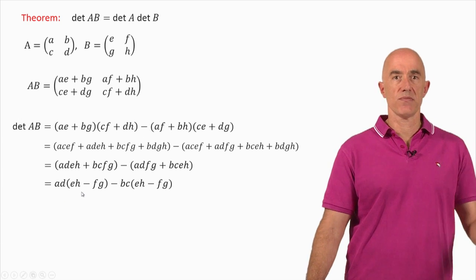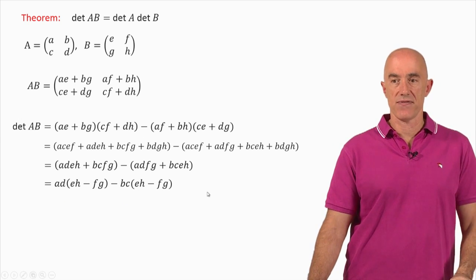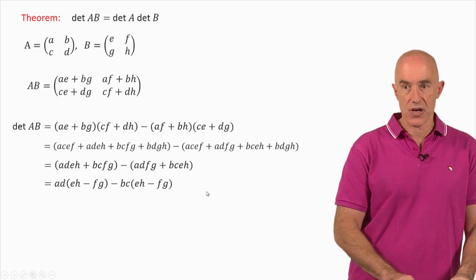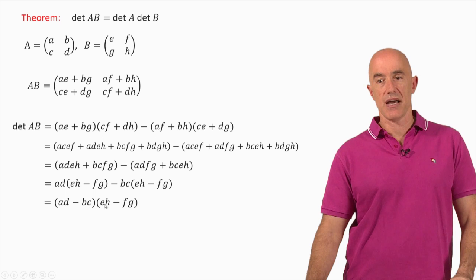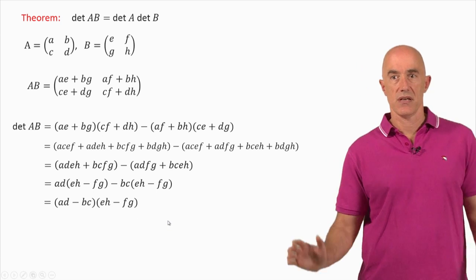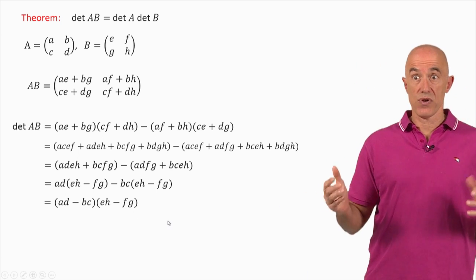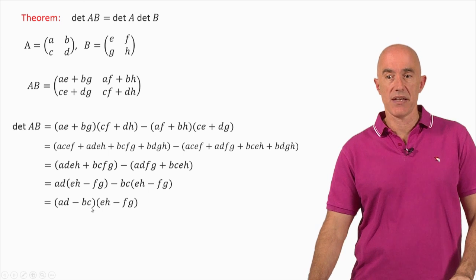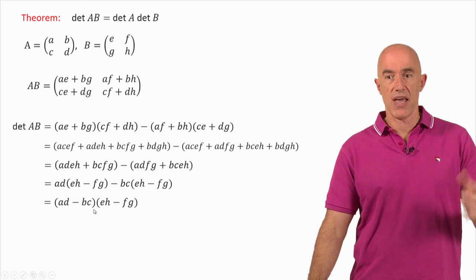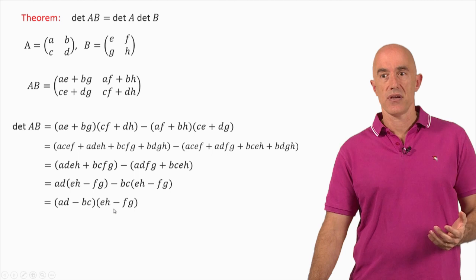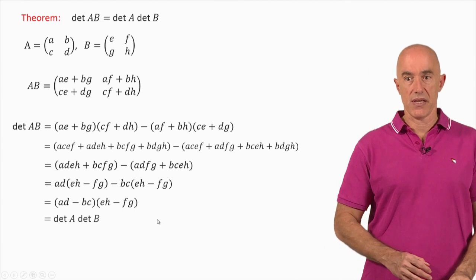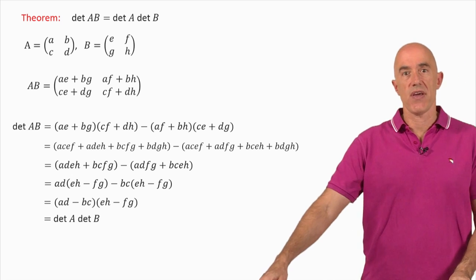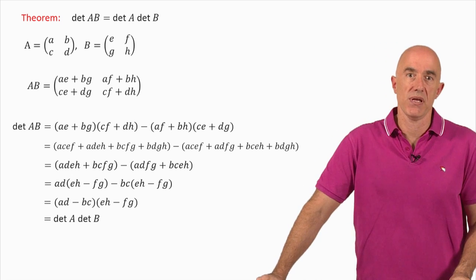And both of these terms then contain an EH minus FG. So we can factor that one out. And we get AD minus BC times EH minus FG. So we're getting what we want. This AD minus BC is the determinant of A, and EH minus FG is the determinant of B. So we get the determinant of A times the determinant of B.